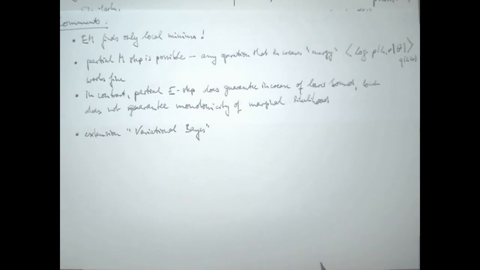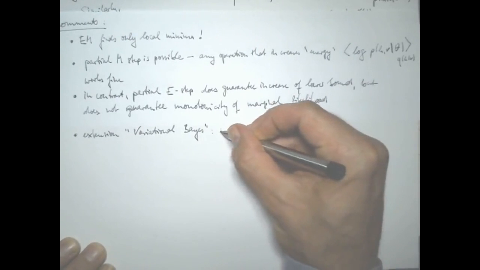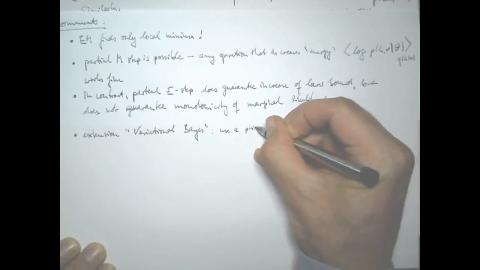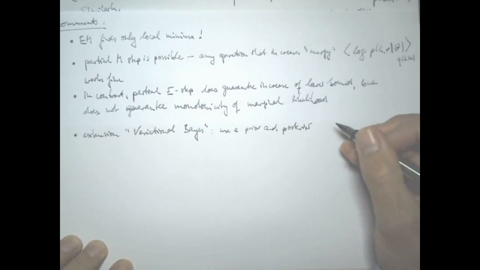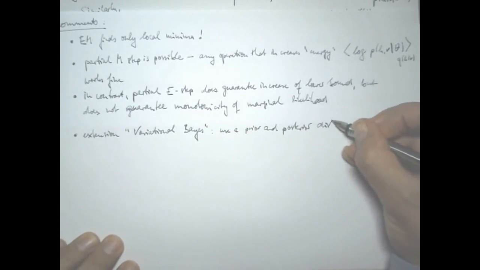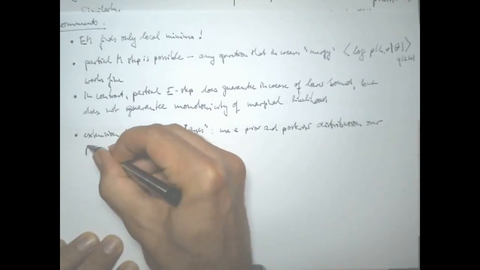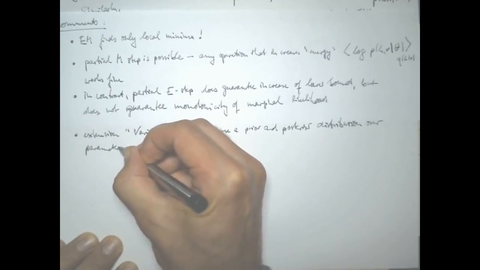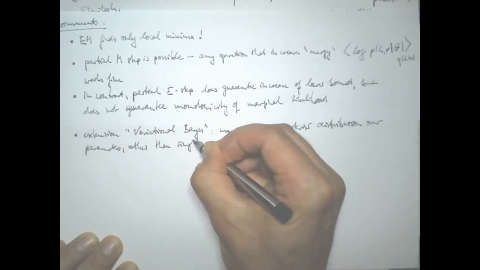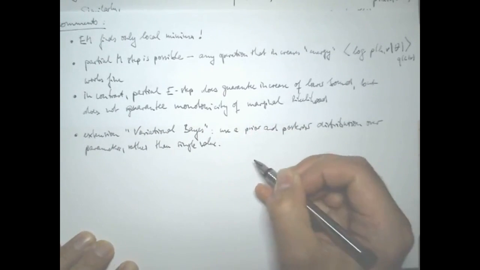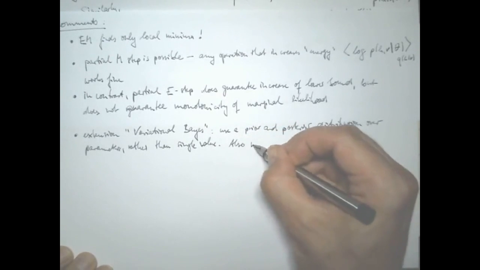So in the variational Bayes, you use a prior and posterior distribution over parameters rather than a single value. And you then also need a distribution over your hidden variables.